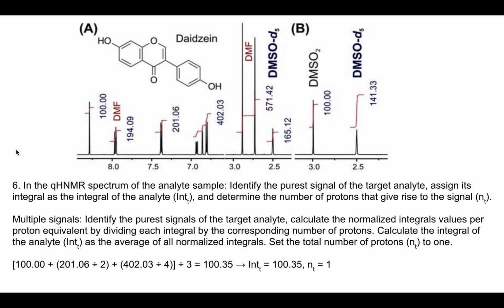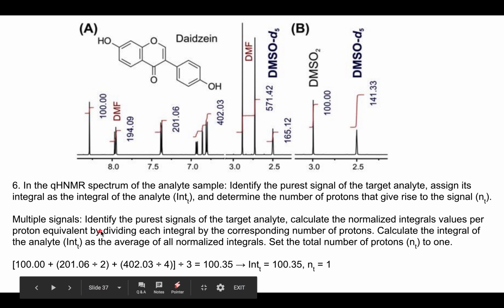So we will be doing the latter, and the signals that the authors have chosen are right here with the integral of 100, this signal with an integral of 201.06, and these signals right here for an integral value of 402.03. The signal at 100 is worth 1 proton. The signal with an integral value of 201.06 is worth 2 protons, so we take this divided by 2.